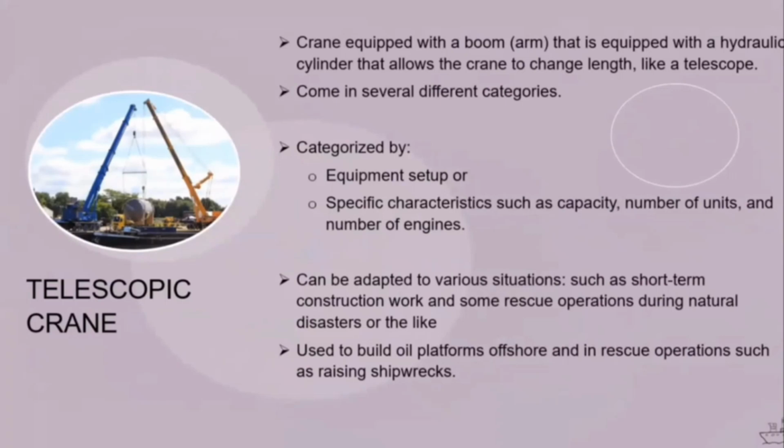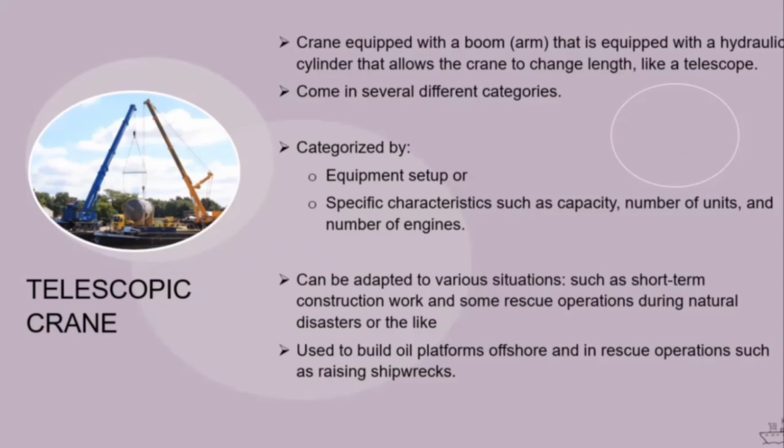And last but not least, a telescopic crane is a crane equipped with a boom arm that is equipped with a hydraulic cylinder that allows the crane to change length like a telescope. This telescopic crane also comes in several different categories.